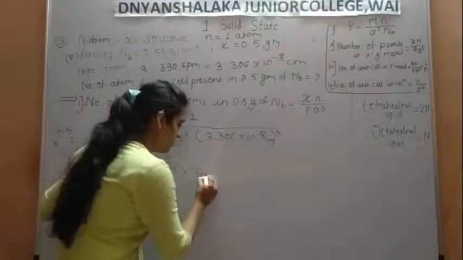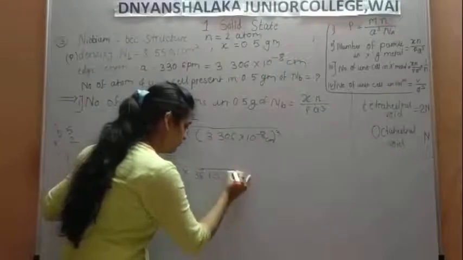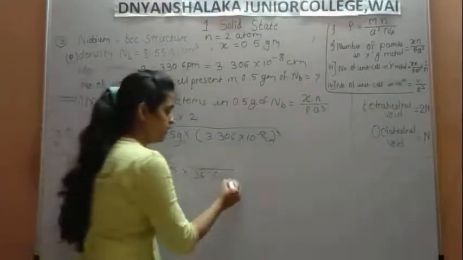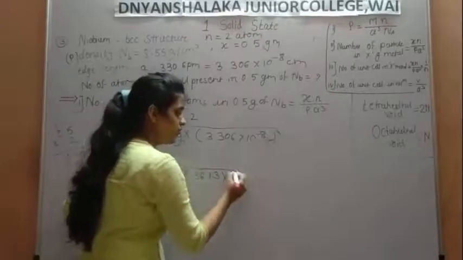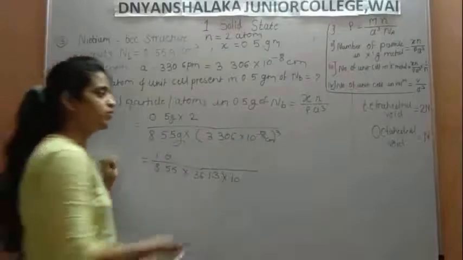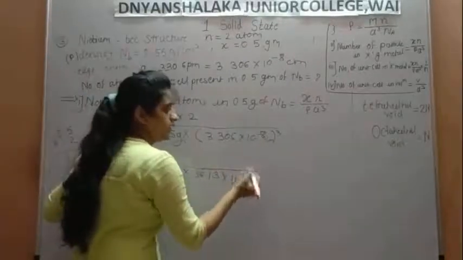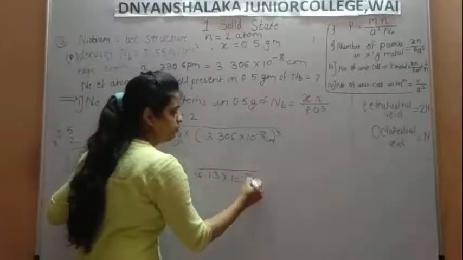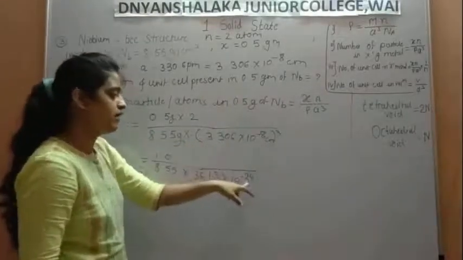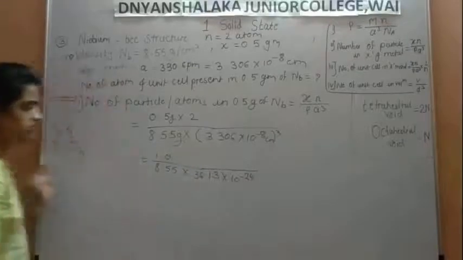So we get 36.13. We get 36.13 and 10 raised to minus 8, 3s are 24. We use the law of indices, a raised to m, whole raised to n, so multiply m into n, 8 3s are 24. So we get a minus sign on this answer.